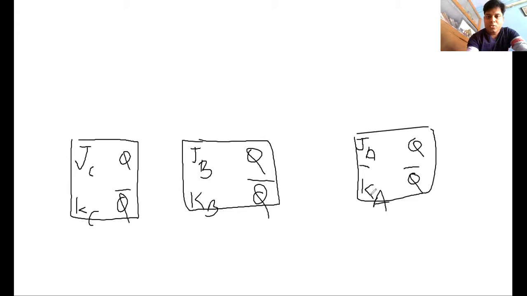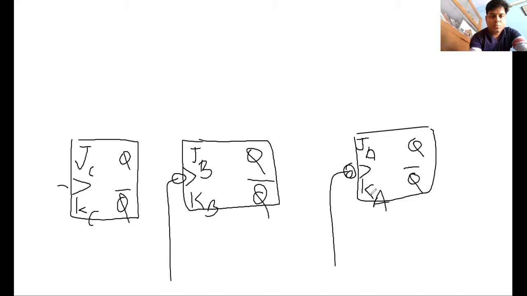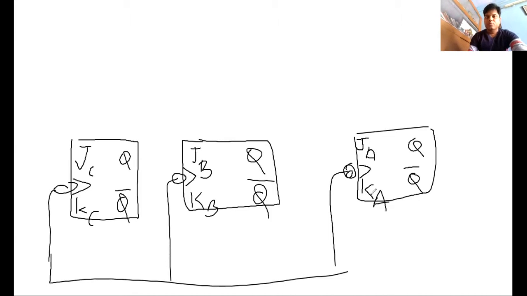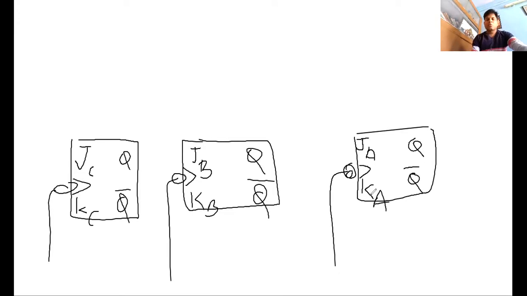So we have to draw the clock pulse here. All are clock pulse.